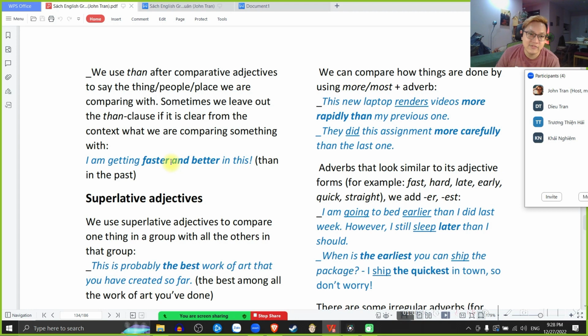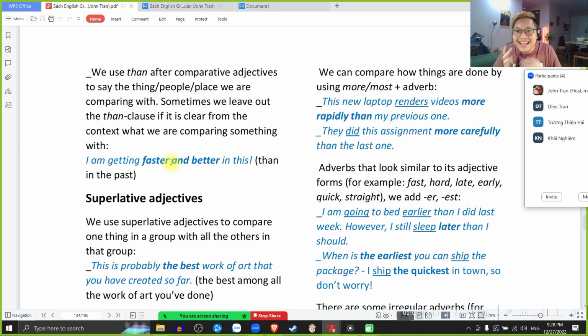Sometimes we leave out the than clause if it is clear from the context.